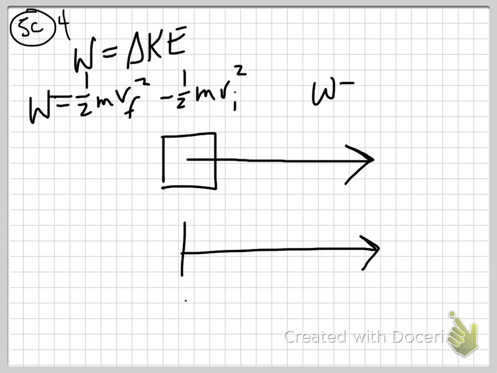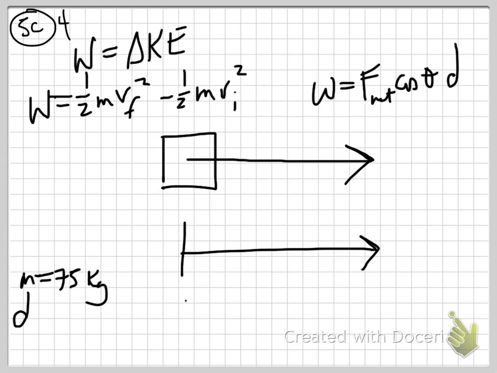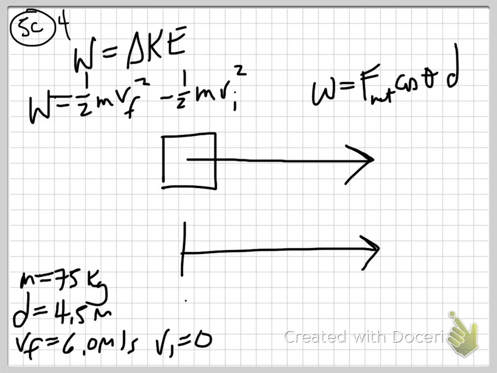And the work done is also equal to the net force cosine theta times the distance it's pushed. We're given the mass of the bobsled, 75 kilograms, the distance it's pushed, 4.5 meters, and vf of 6.0 meters per second, and vi was 0 because it was from rest. So we want the net force.